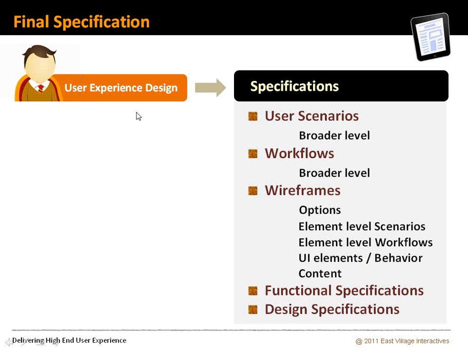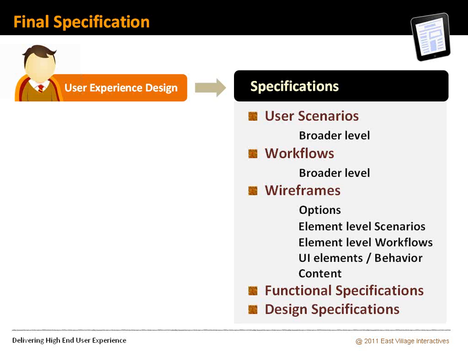Then the role of the user experience design team starts full-fledgedly. They have now received the final specifications from all the teams. Now they start identifying user scenarios. They build workflows based on user scenarios. They build wireframes where everything in terms of options, scenarios and user UI elements, behavior, content, everything is identified and put together.